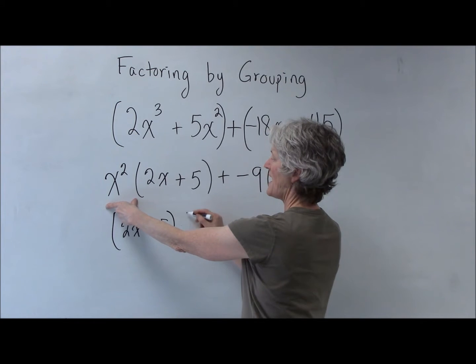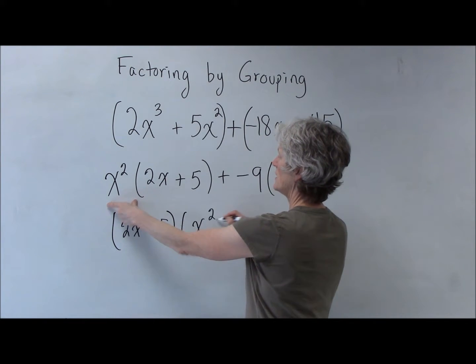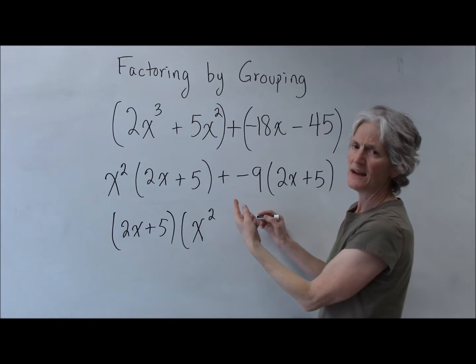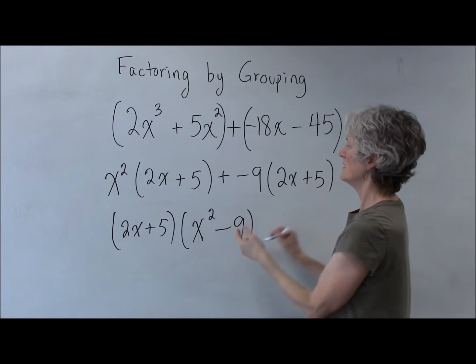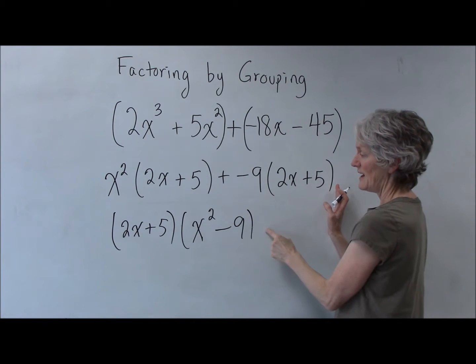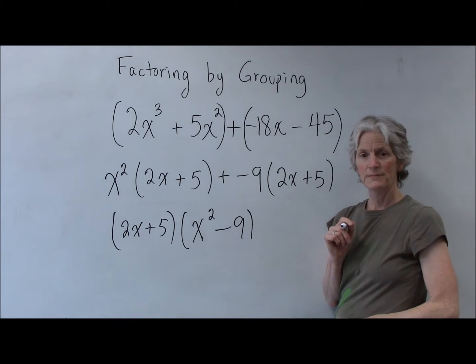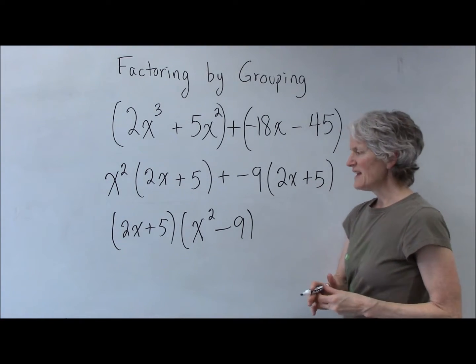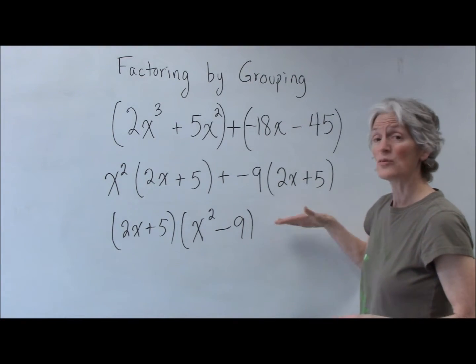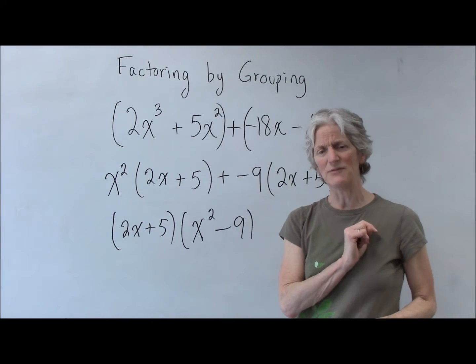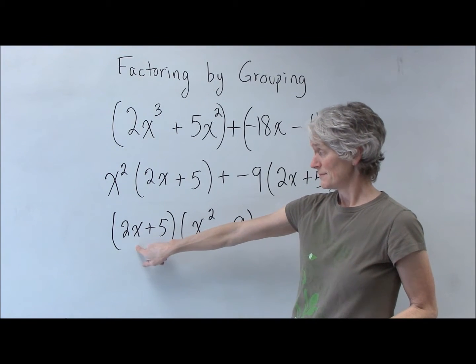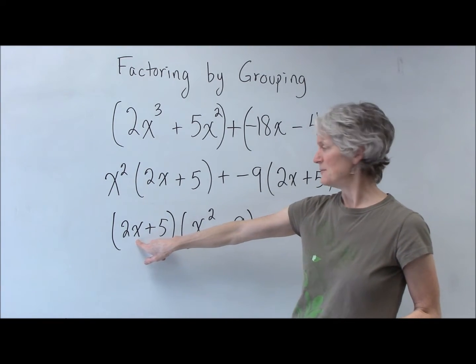First term, I have an x squared left over, plus a negative 9. Can I just write minus 9? I have that negative 9 left over in the second term. And let's do what we did last time. This is factored, it's one term, but let's make sure it's completely factored. That factor looks prime. I think I'm done.